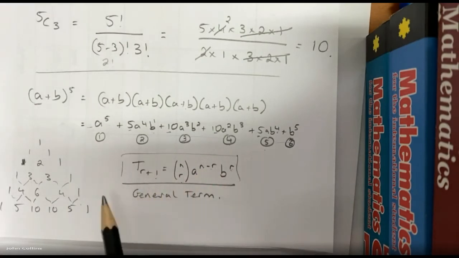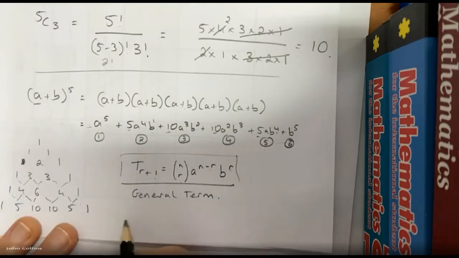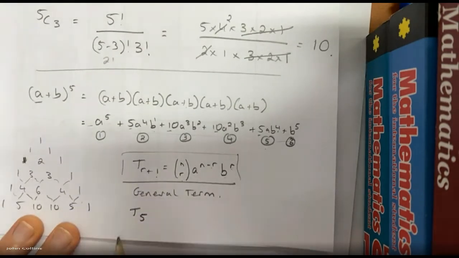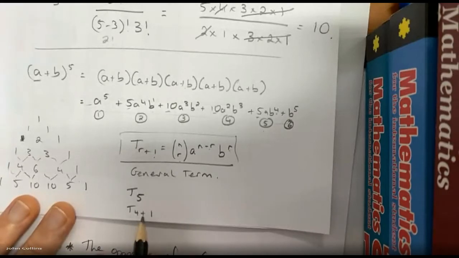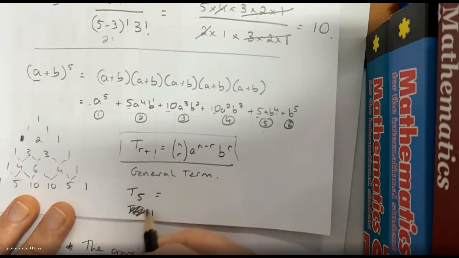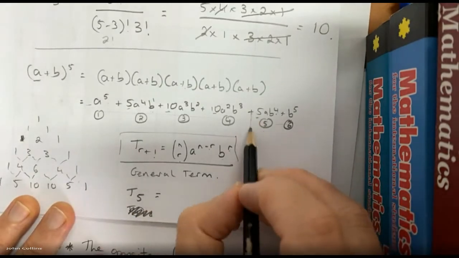Hopefully that makes a small bit of sense. So if I want to find T5, that's actually the T4 plus 1 term. So r would be 4.